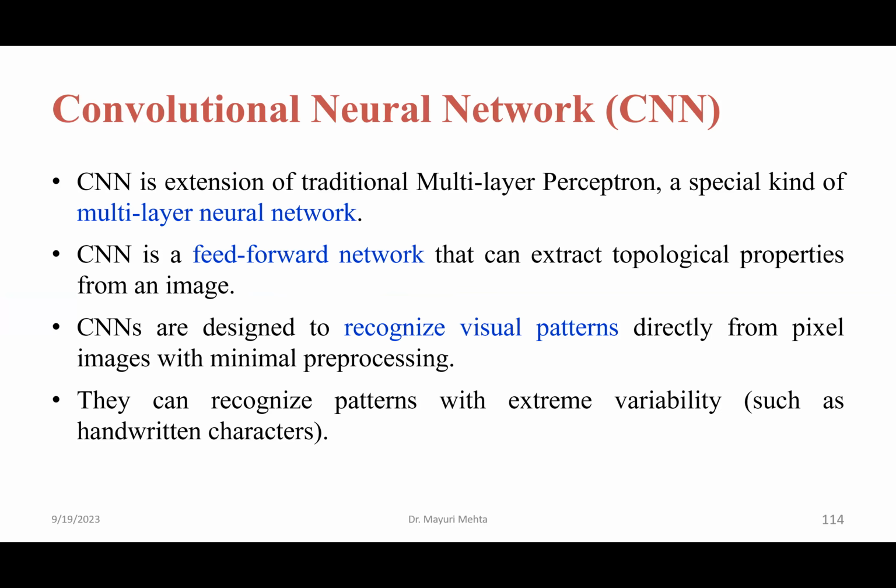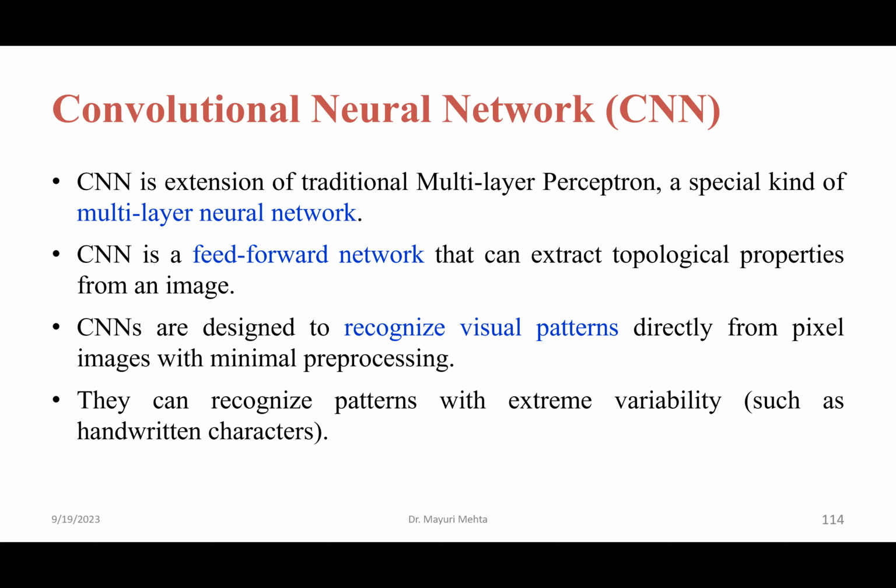CNN is an extension of the traditional multi-layer perceptron. Now try to remember what that perceptron is. We discussed single layer perceptron and multi-layer perceptron. So CNN is an extension of the traditional multi-layer perceptron, and it is a special kind of multi-layer neural network.